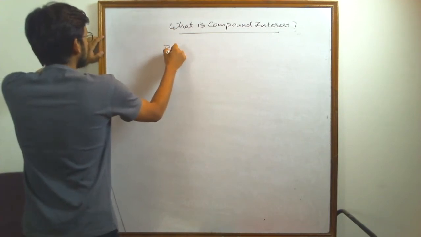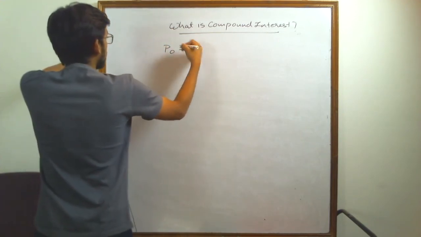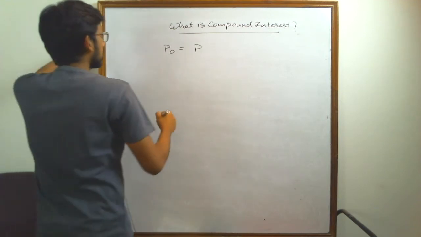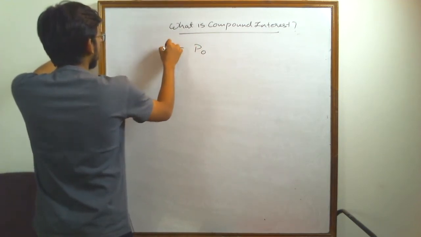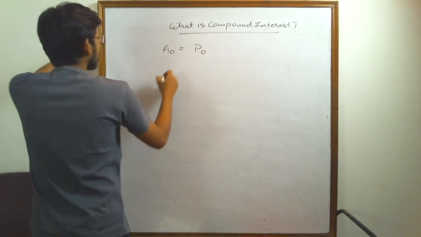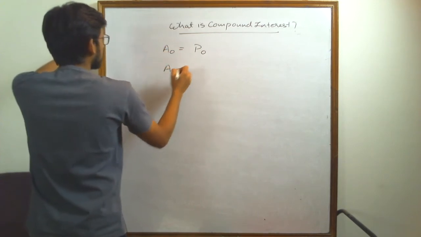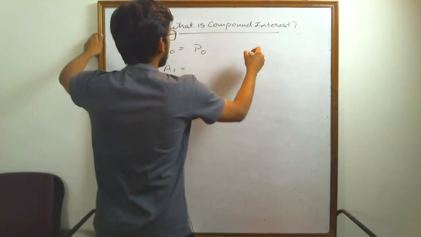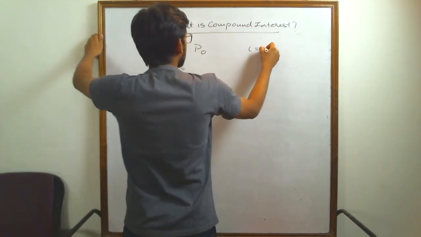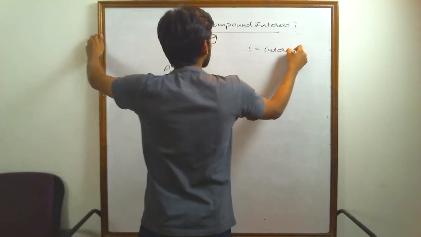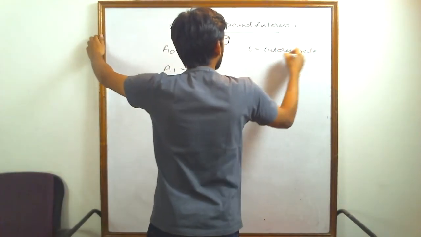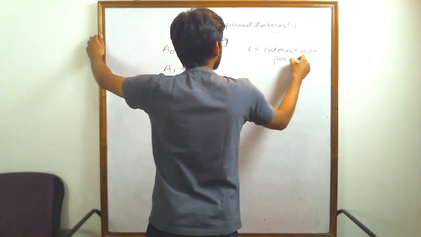So let's take the principal amount, which is the initial amount, as P naught. Then this is the amount in the bank, so A naught. After 1 year, and say that I is equal to the interest rate per compounding period.